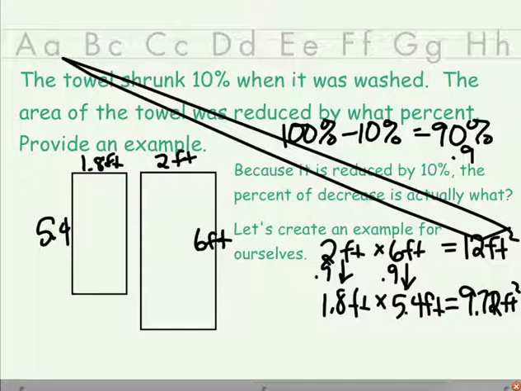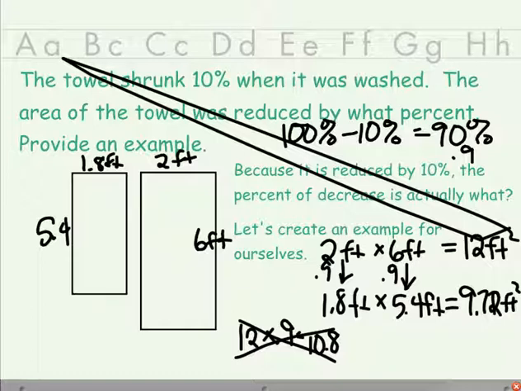Well, if we took my original 12 and multiplied it by my same scale factor of 0.9, 12 times 0.9 is 10.8. So clearly it doesn't have the same scale factor as my dimensions. It must have a different scale factor. Let's see what it is.